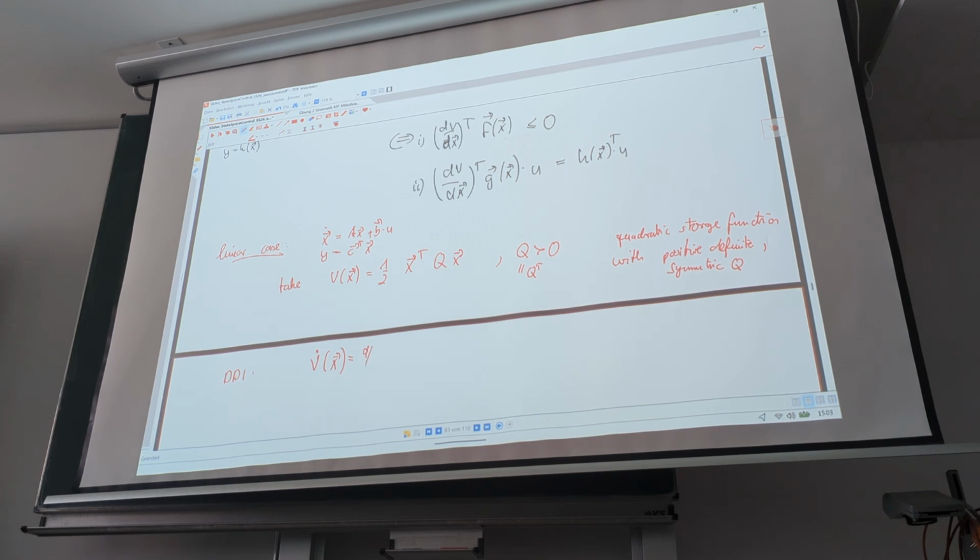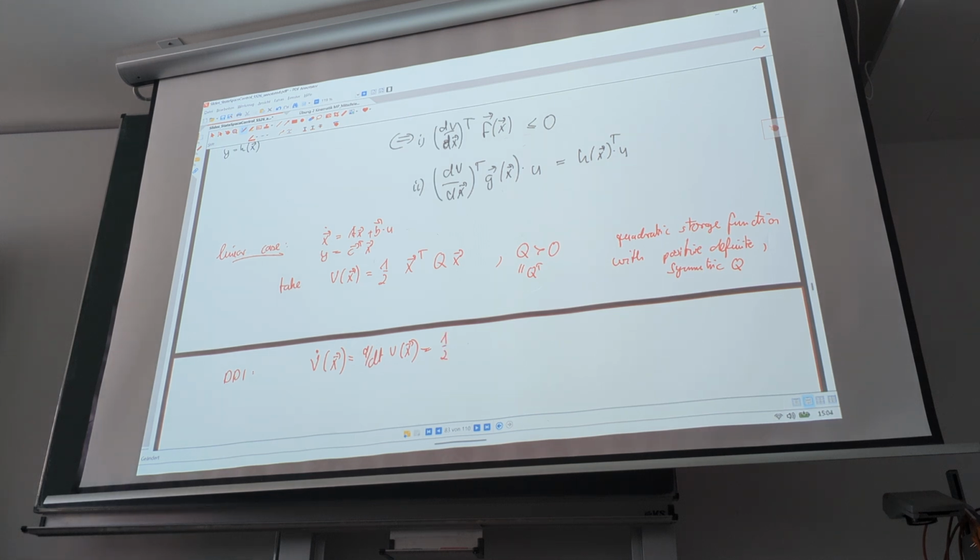I mean d/dt V. What's that, if it is quadratic? What happens if we differentiate? We just get Q times x. Q times x, if we take the symmetry into account, yes, we'll do that.